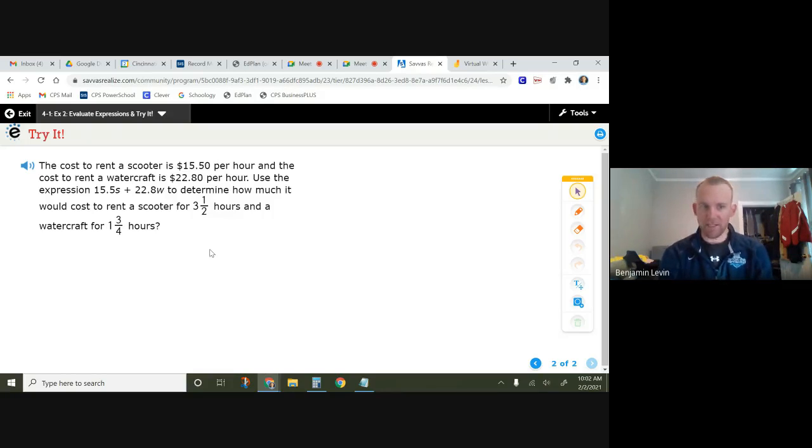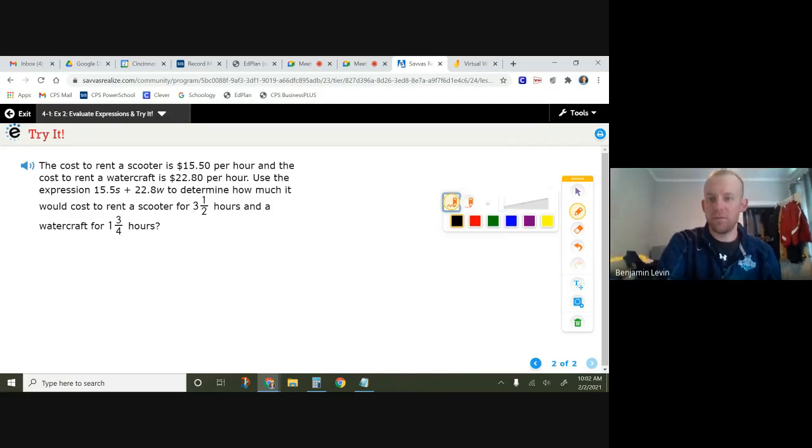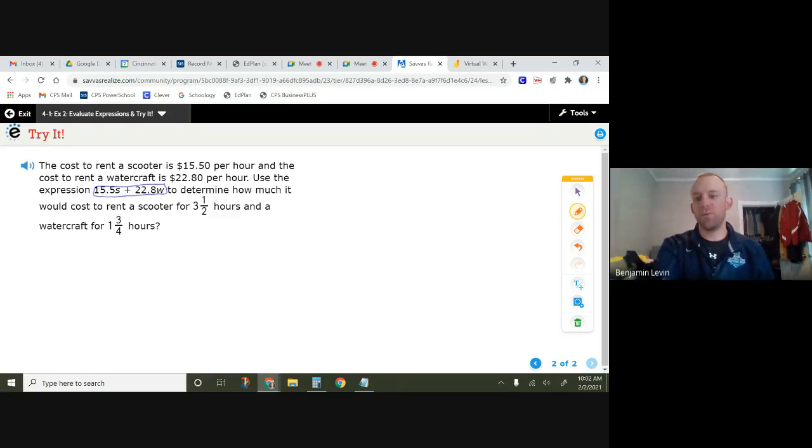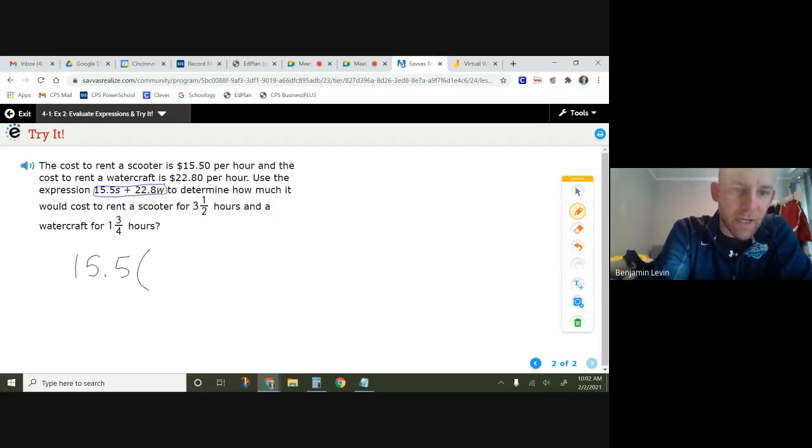Lots of information there. Let's go back and figure out what it's asking us here. They give us this expression here, 15.5S plus 22.8W. Let's rewrite this. 15.5 times S. S is the amount of time we rented the scooter, which is 3.5.